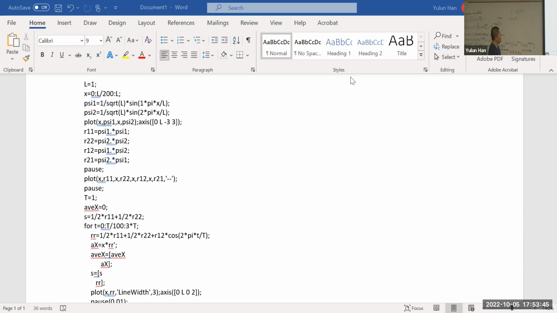So basically, for this line, we just use this equation. At every time step, we recompute the probability density. All right, so.